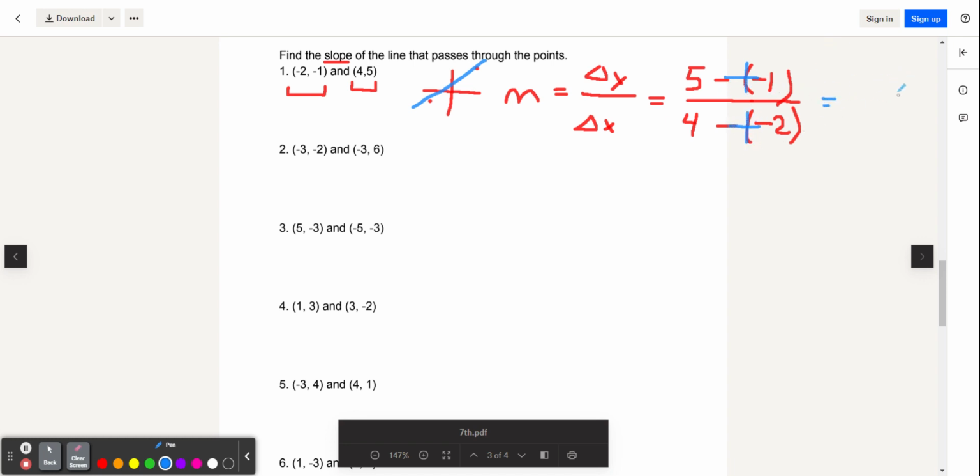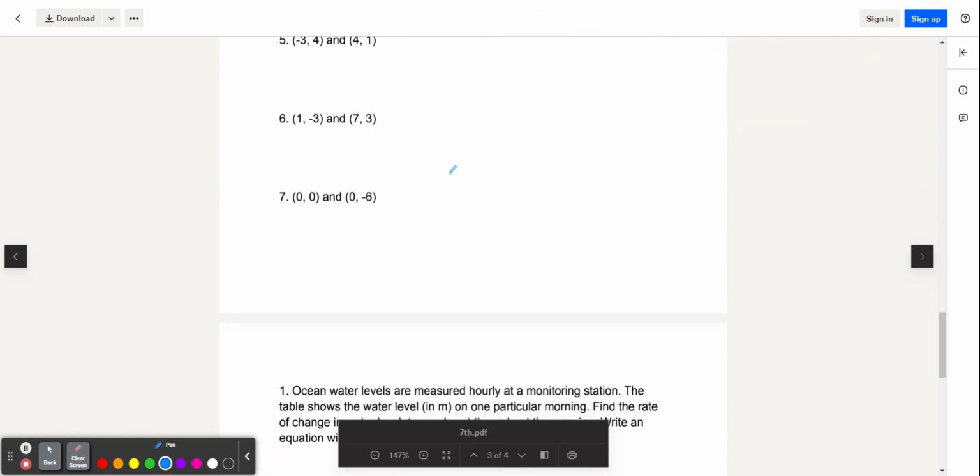5 minus -1 is the same as 5 plus 1, which is 6. 4 minus -2 is the same as 4 plus 2, which is also 6. This simplifies to 1. Our final answer, the slope of the line, is 1. We can repeat the process for all of these problems.